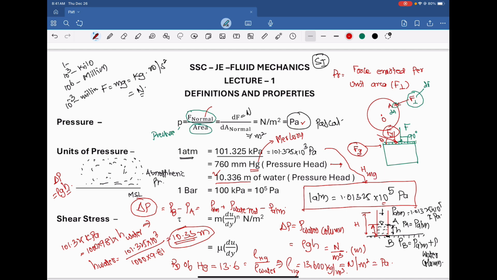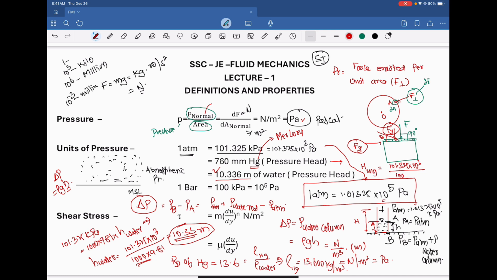Head in mercury is equal to 101.325 into 10 cube from this formula divided by rho, which is 13,600, into 9.81, which gives you 0.760 meter. This is nothing but 760 mmHg.